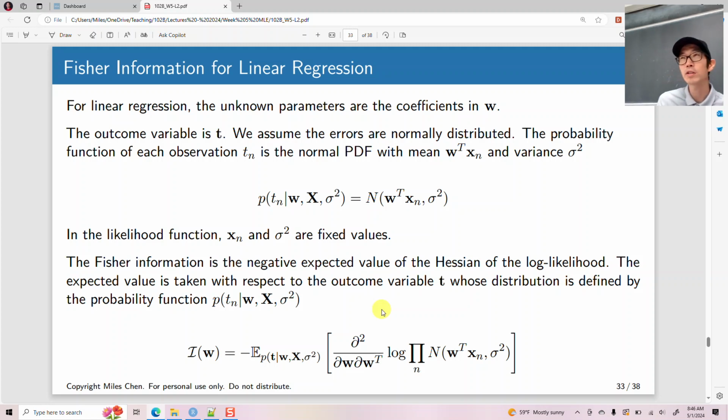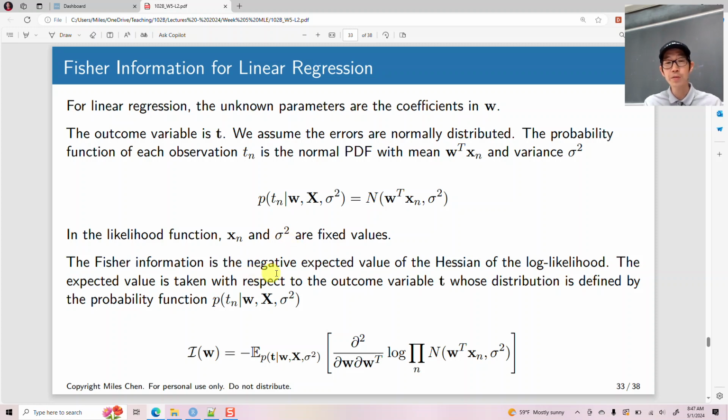For linear regression, our unknown parameters are w, and the outcome variable is t. We're assuming the errors are normally distributed. The probability is the normal PDF with mean w transpose x_n and variance sigma squared. We're going to treat our x_n as fixed values, and our sigma squared as fixed.